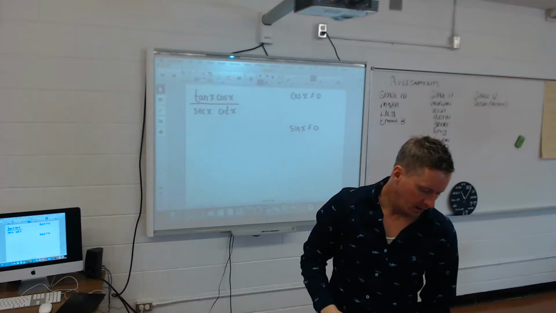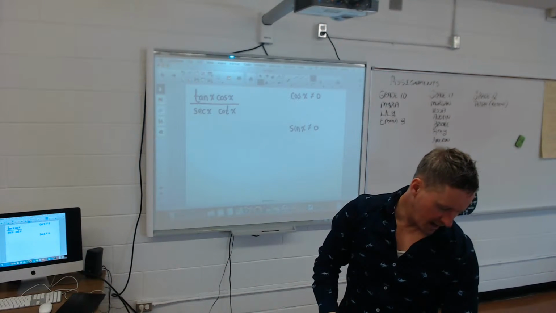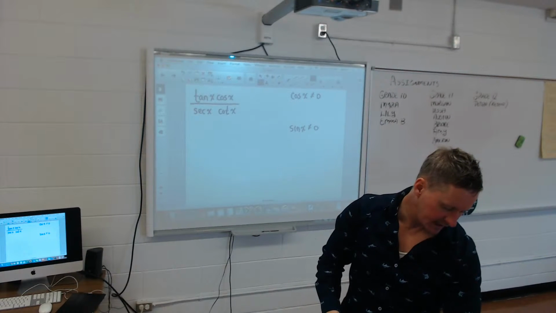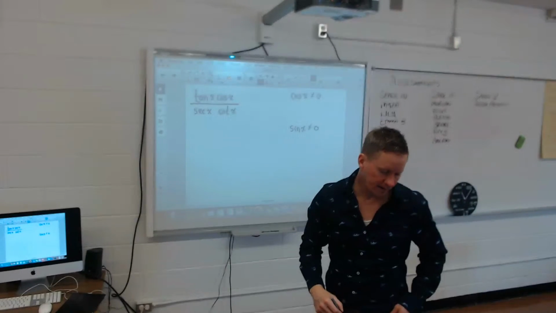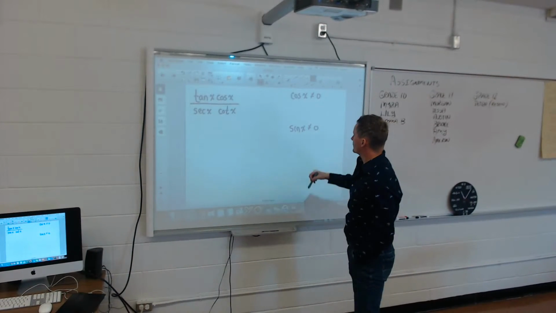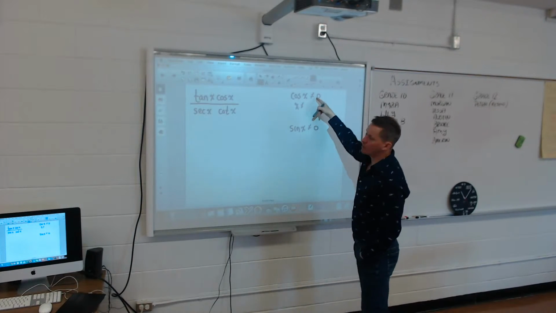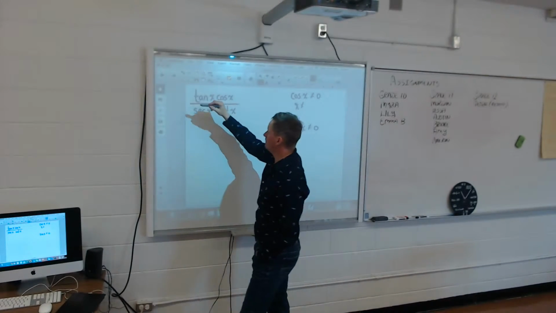All right? So if that's the case, sine x can't equal 0, cos x can't equal 0, and I want the non-permissible values. So the non-permissible values are this. X cannot equal. Well, where does cos equal 0 on the unit circle?